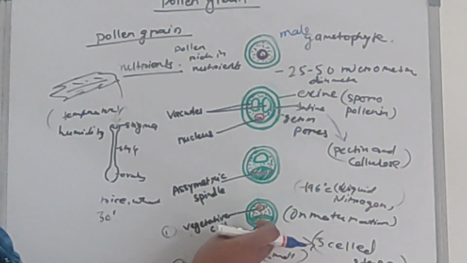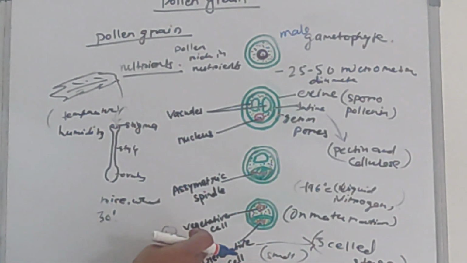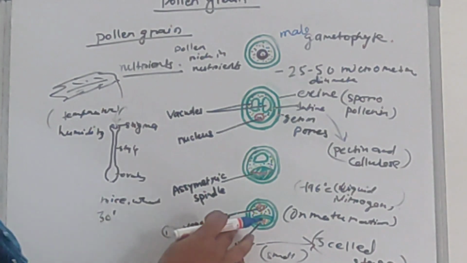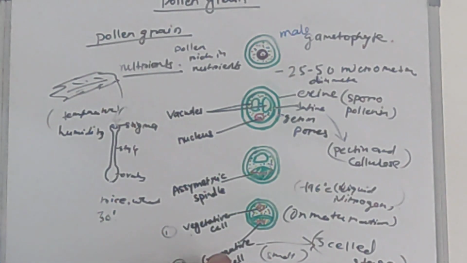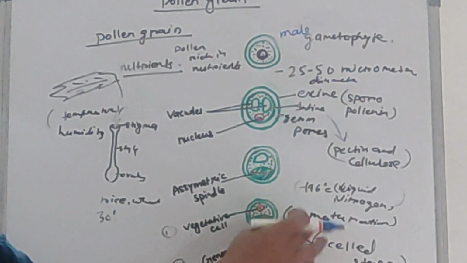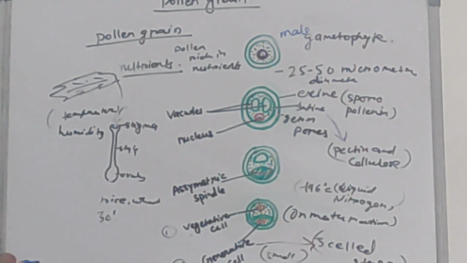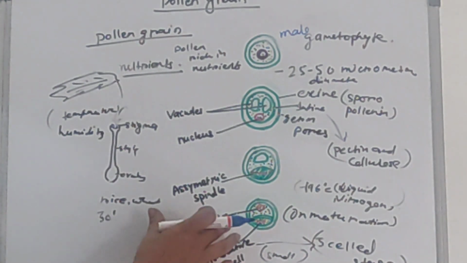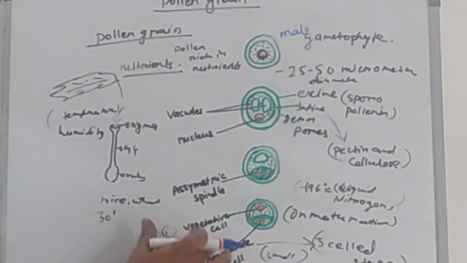The first is the vegetative cell, and the next one is the generative cell. On maturation, you can see these two cells. Now let's see how they are.